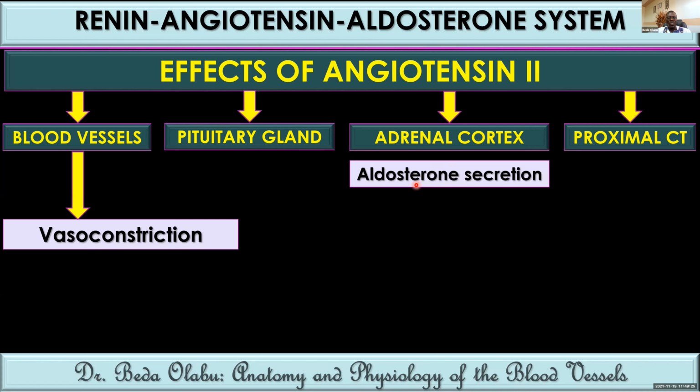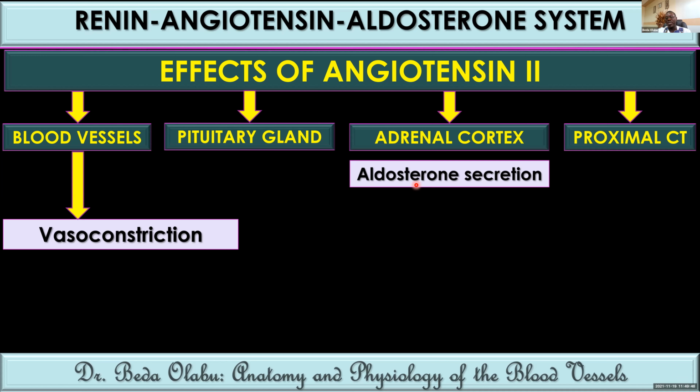The second zone, zona fasciculata, produces hormones that affect glucose levels or carbohydrate metabolism, so we call them glucocorticoids. The third zone, zona reticularis, produces hormones which are similar to the male sex hormones, so they're androgens, basically. We are not talking about the other zones of the adrenal cortex.